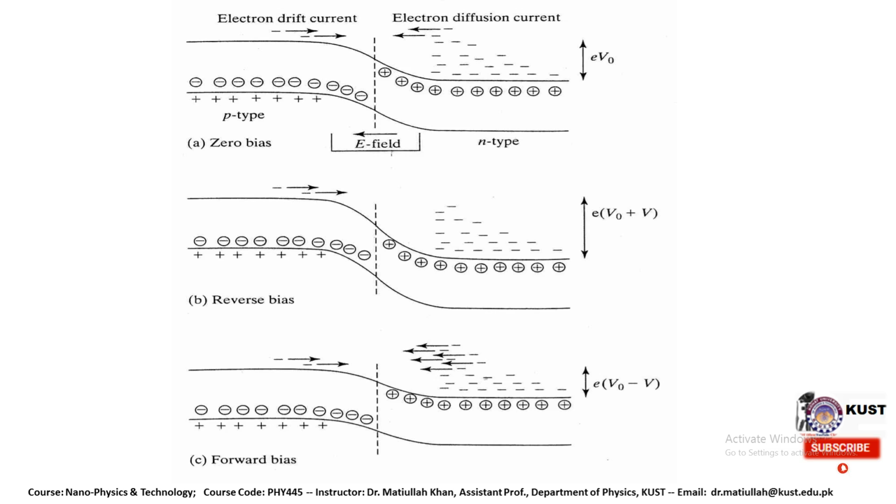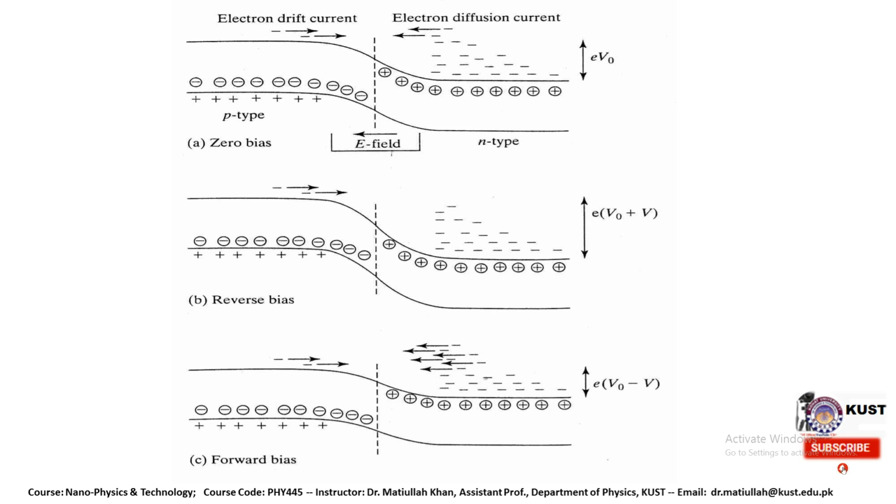Electric field is applied at zero bias, at reverse bias and forward bias, and the motion of electrons and holes is configured here. In the first case, electric field is applied, electrons move from the n-type, and electrons are drifted in such a way, holes are drifted from the p-type material. So as a result, current is there.